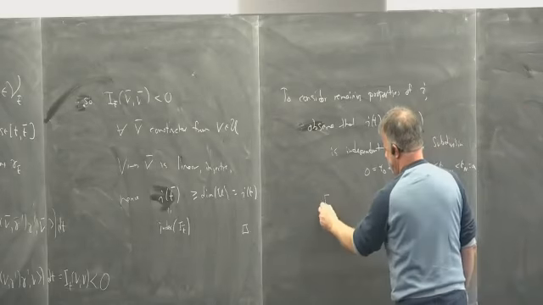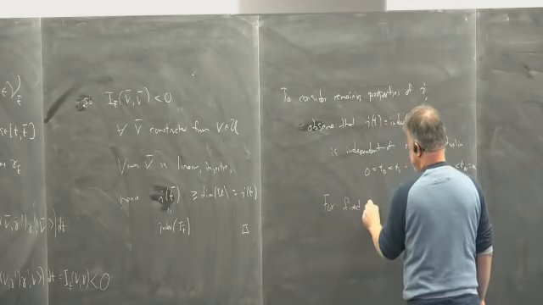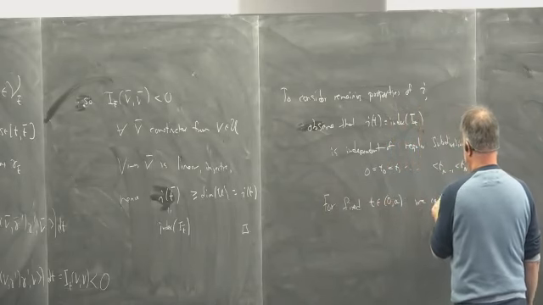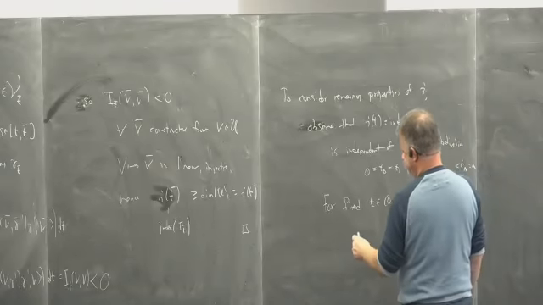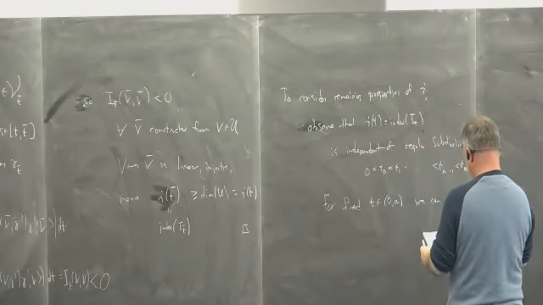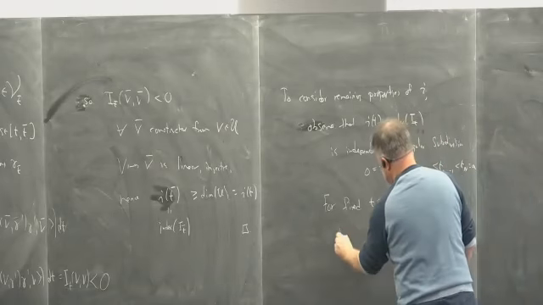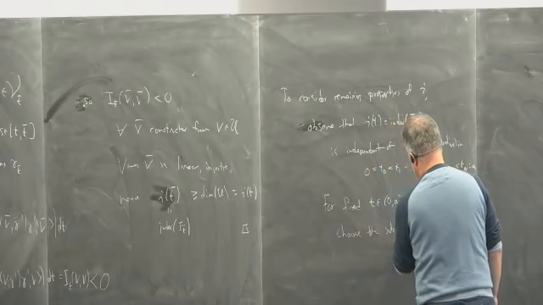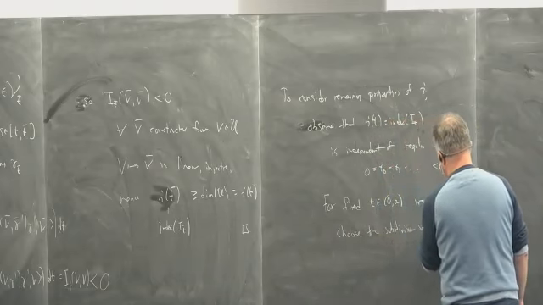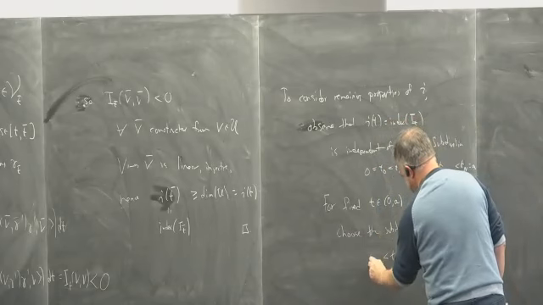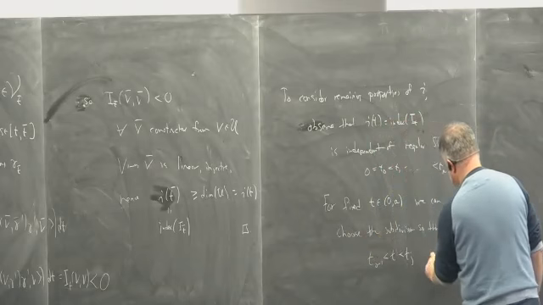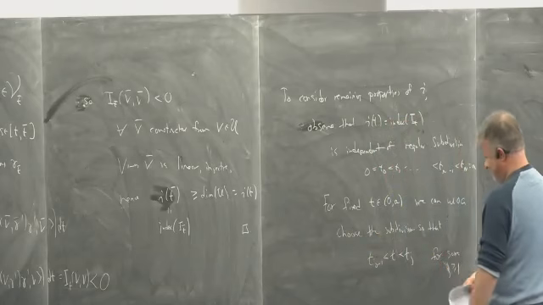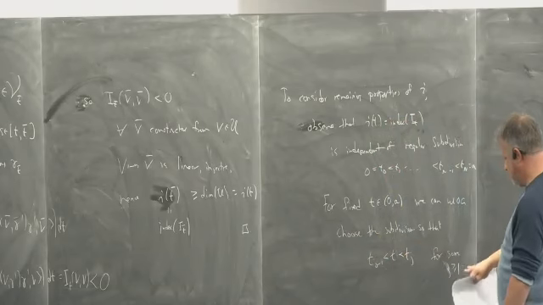So for fixed t, let's say in 0a, we can, without loss of generality, choose the subdivision so that t is not one of these special points, for some j, and we want j at least one.